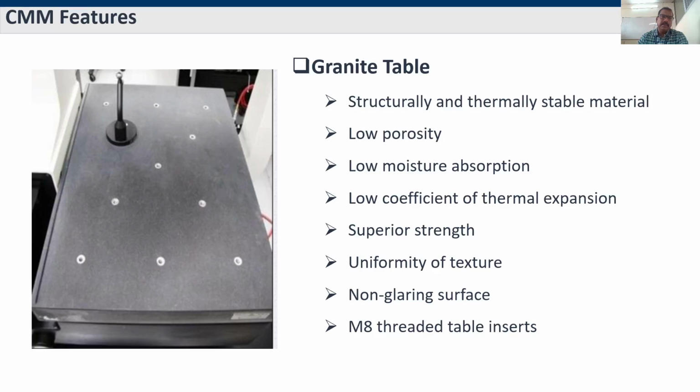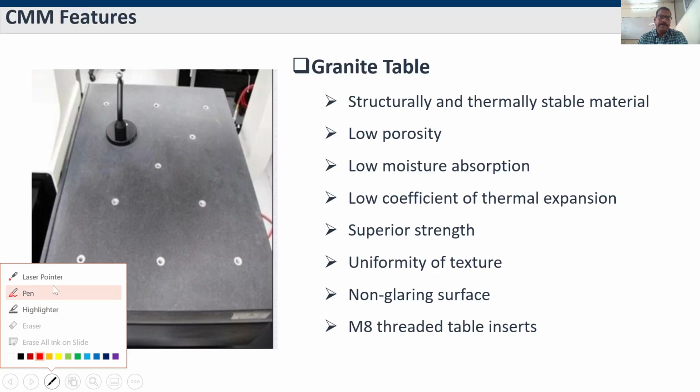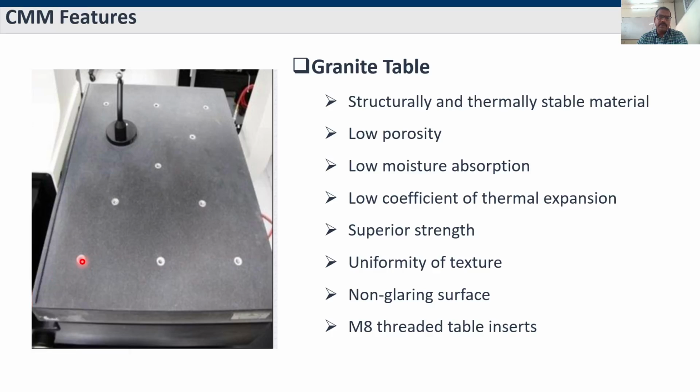Here there are lots of holes. They're not exactly holes; they are locations of threaded holes with M8 threads. Using those we can mount the workpiece which we want to test. This is the granite table, and it comes in different sizes.